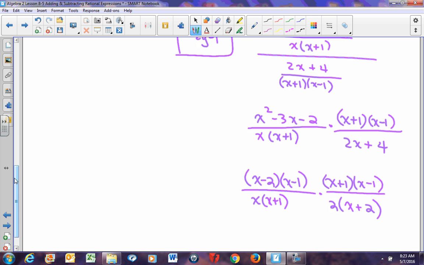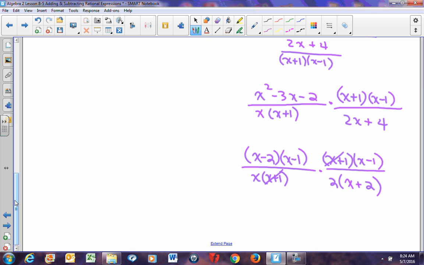Now I can look and see if anything cancels. Okay. So if I do this, this x plus 1 cancels with this x plus 1. Gee whiz, it doesn't look like anything else cancels, does it? Okay. So I can go back to multiplying this together again.